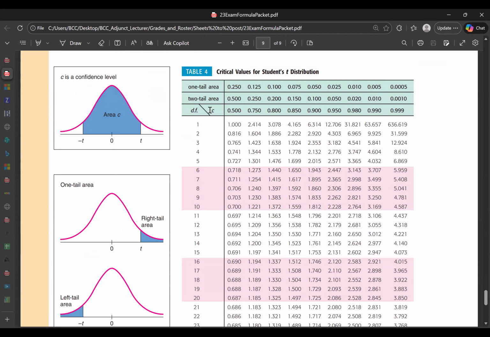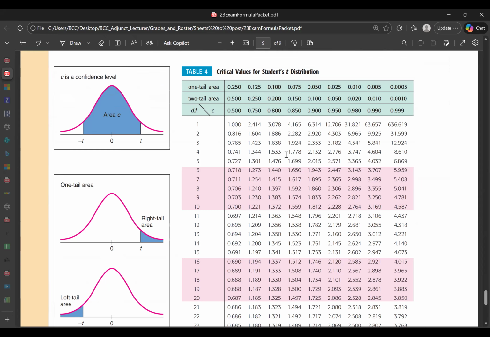Look at right here. You see where this C is? This is your confidence level. And here are all your different confidence levels for the t distribution right up top here in this row. All you're doing is matching them. Where do they intersect? And then these individual numbers here, those are your t criticals. That's it. All right, nice and simple.